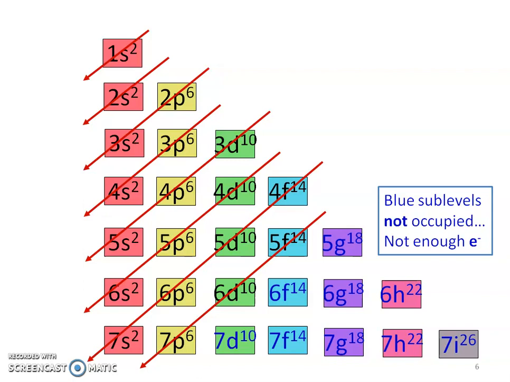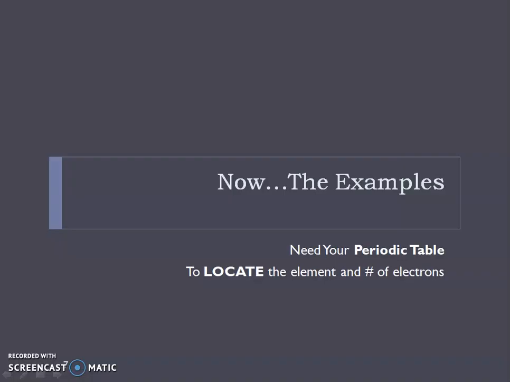Those sublevels exist, especially because we know that electrons get excited. So if we have those electrons in the 7p6 orbital, technically they should be able to jump to the 5g18 orbital. But again, we're not 100% sure what's going on there. But they're there, especially for those really, really large atoms.